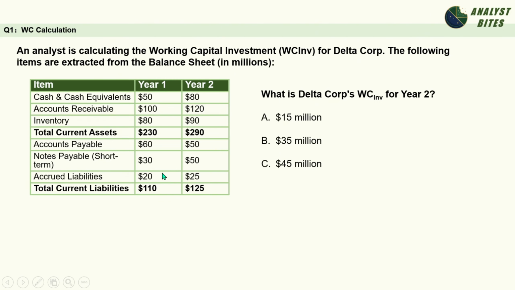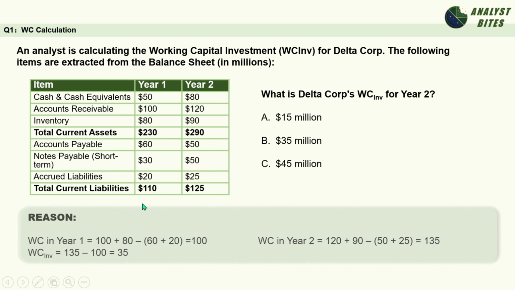Remember the scanner? The moment you see cash and notes payable, filter them out immediately. We only want the pure operating items. For year 1, by calculating all the real operating assets and liabilities, our working capital is 100.